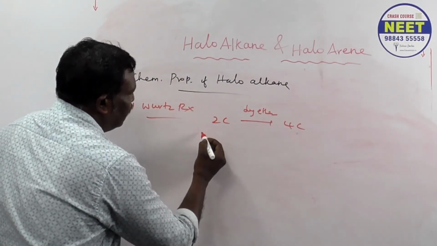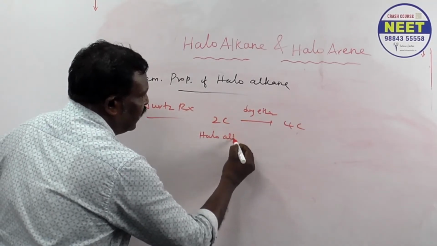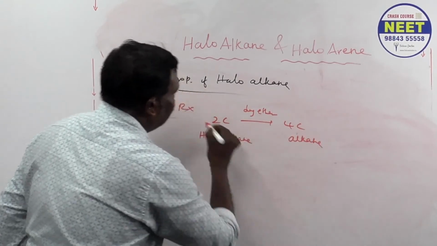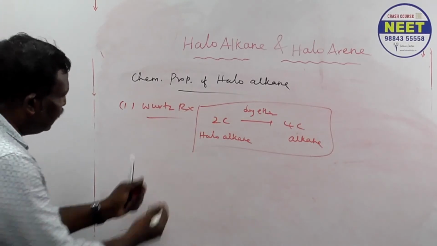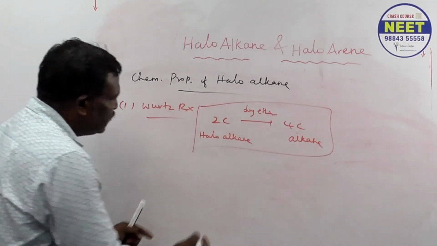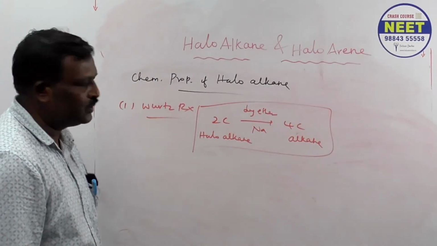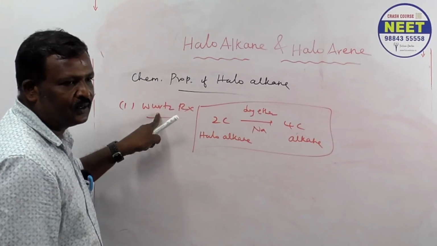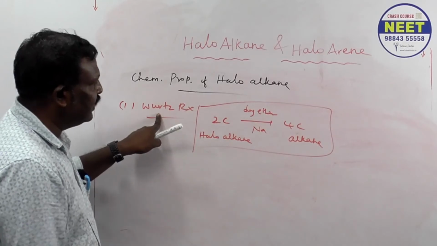If the haloalkane has 2 carbons, it becomes an alkane having 4 carbons. This is the point. You take 2 haloalkane in the presence of a metal, sodium. If you see sodium, you must remember this is called the Wurtz reaction. Otherwise, you cannot judge what the product is.